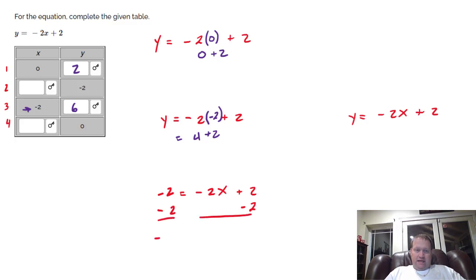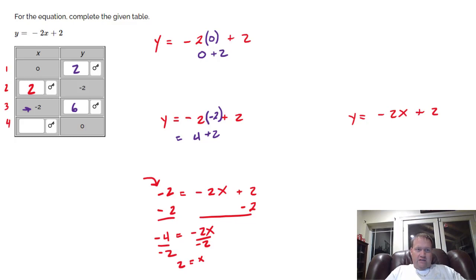And that's going to give me a negative 4, and here is a negative 2x. And the last step is just to divide both sides by the negative 2. And we're going to get x is 2. And so when we put a negative 2 in for y, we got x was a positive 2. So you got to be able to solve an equation in order to answer some of these questions.